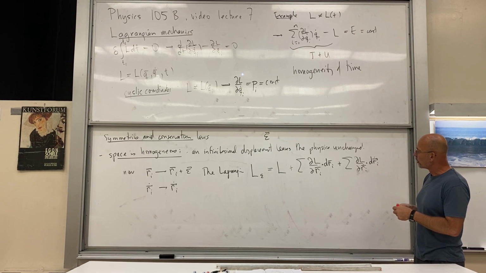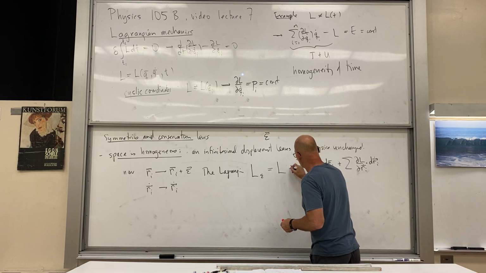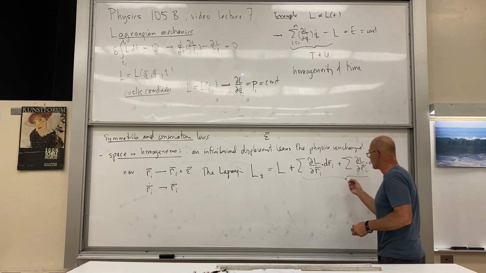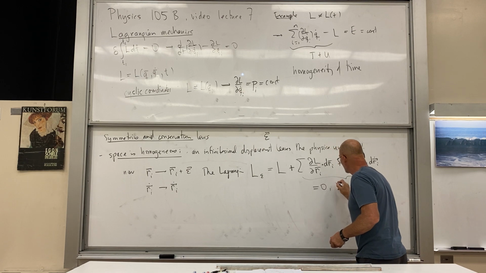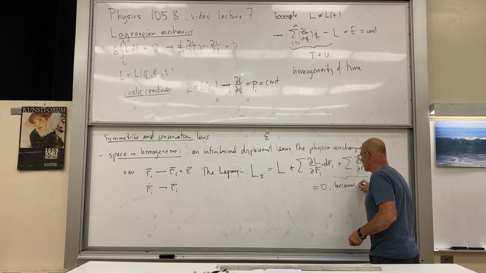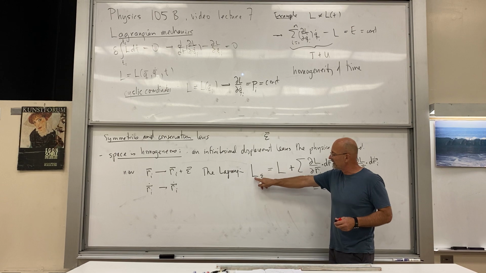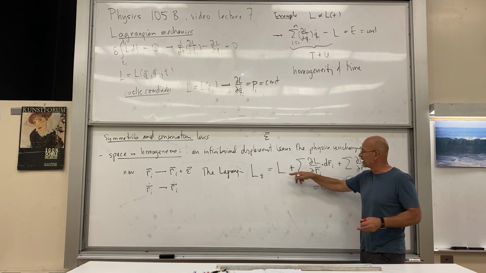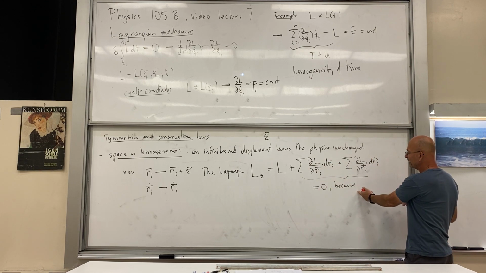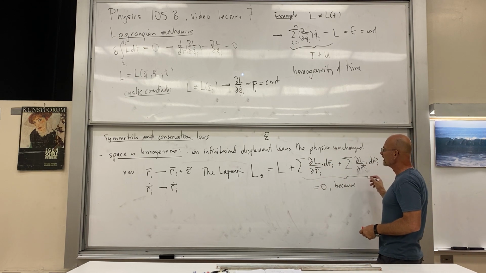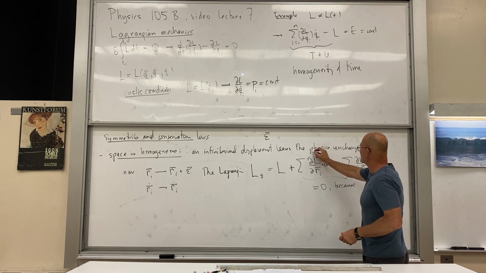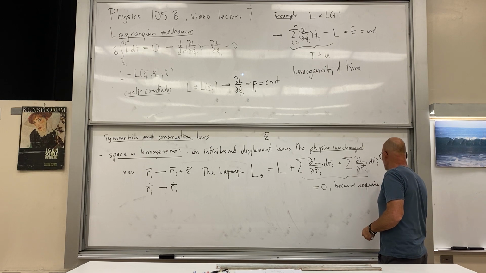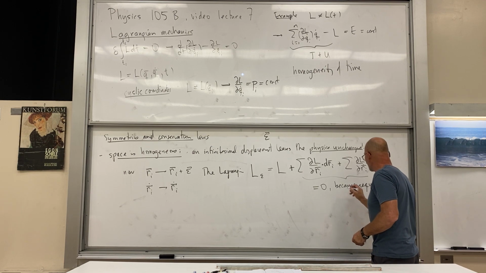And what we're going to require is that this entire part be 0, because the physics after the displacement has to be the same as the physics before the displacement. So this change here has to be 0, because we've required that physics remain unchanged.